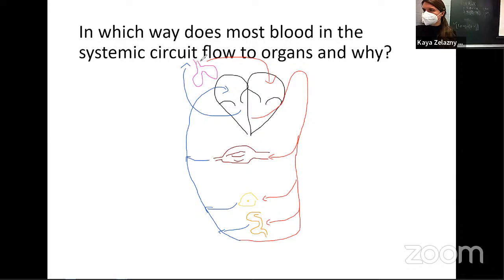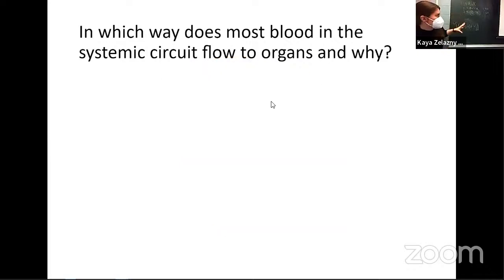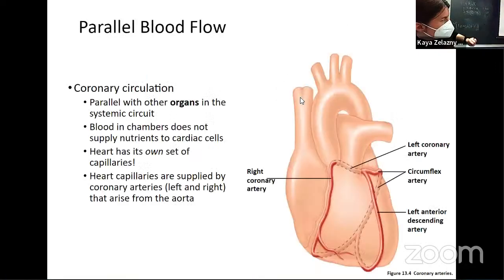All right, so the fact that we go through pulmonary circuit and then systemic circuit, that's our series flow. Does that make sense, the difference between series and parallel? If you've ever built circuits in a lab, that's where we're drawing that terminology from. But it's really just, do they go in order or do they go all at once?